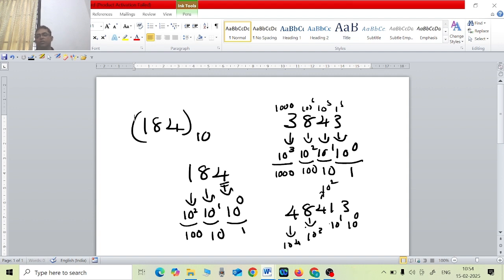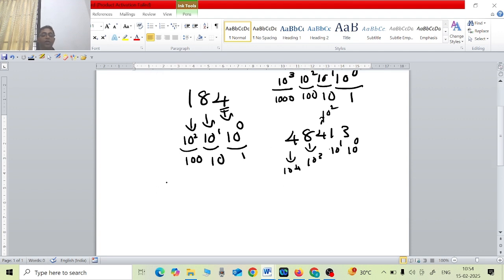That's the way in which the weight goes. So there are only 2 reasons why it is known as decimal. The first is it uses 10 symbols, that is 0 to 9, and the second is it has a base of 10. Hope it is clear for you.